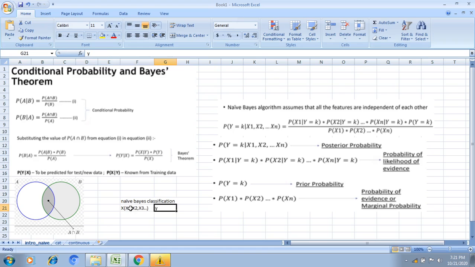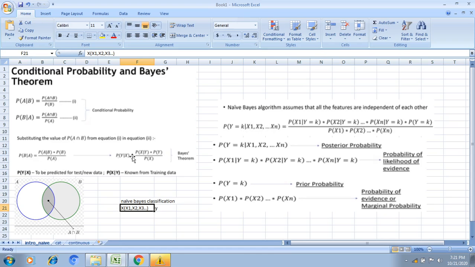For example, if we have multiple independent variables like x1, x2, x3 and so on, we need to expand our equation like this. On the left side, probability of Y given X expands to probability of Y given x1, x2, x3 and so on.